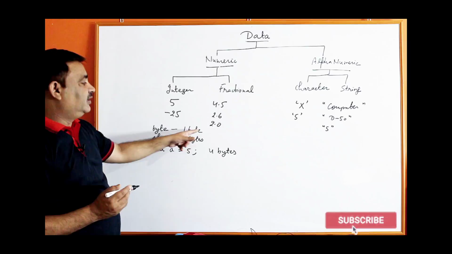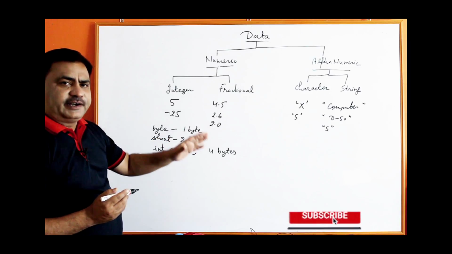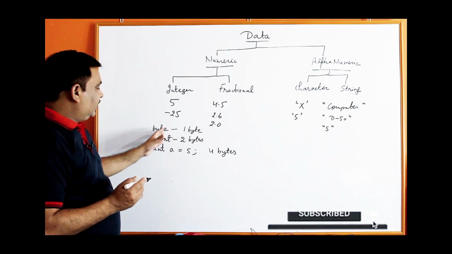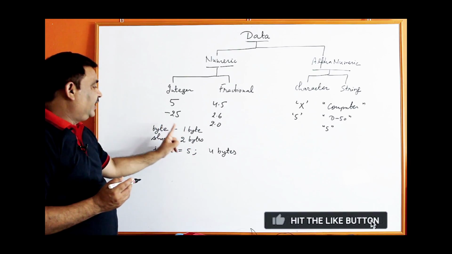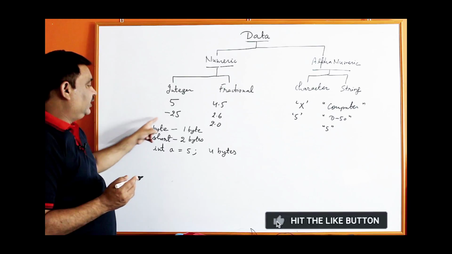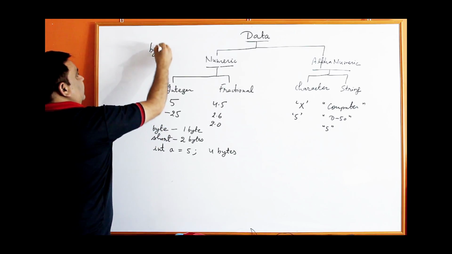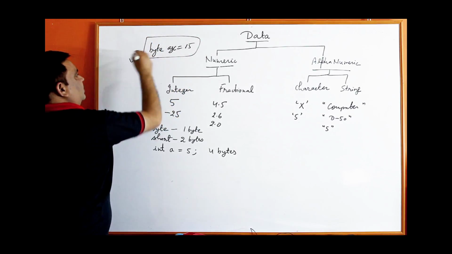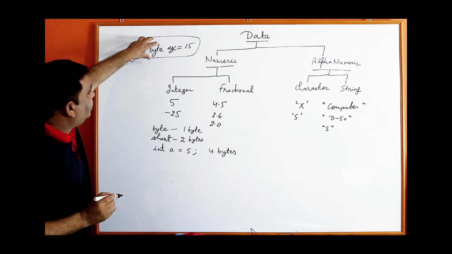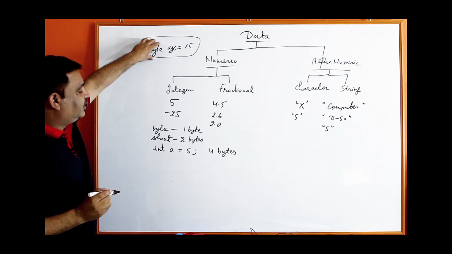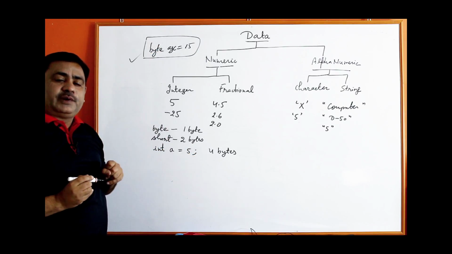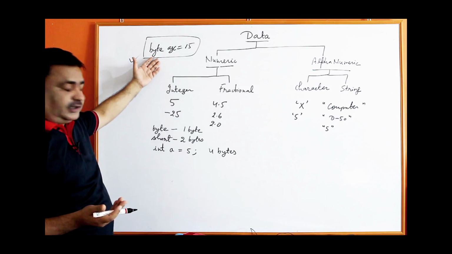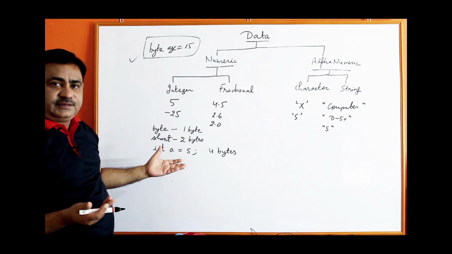If you declare byte, its range is negative 128 to positive 127. So you can also use byte, and only 1 byte will be occupied for the age variable if you declare byte age equal to 15. This is right. But if you use int in place of byte, then 4 bytes of memory will be occupied. So which is better? Obviously byte, otherwise 3 bytes will be lost.